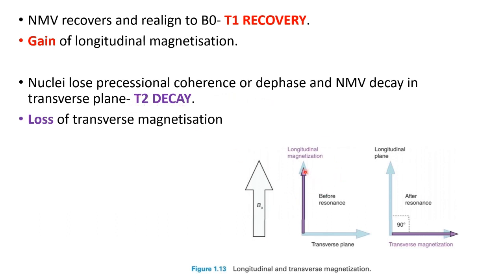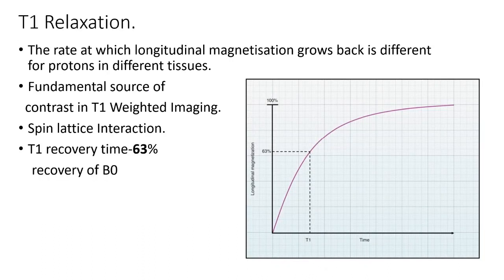So losing of the transverse magnetic field is called T2 decay, and gaining of the longitudinal magnetic field is called T1 recovery. T1 relaxation: T1 is the time taken for 63% of the gain of the longitudinal magnetic field. So it determines the T1 weighted imaging.